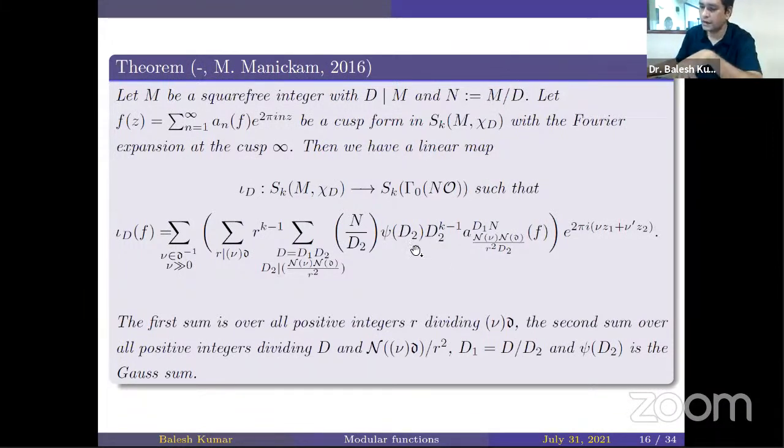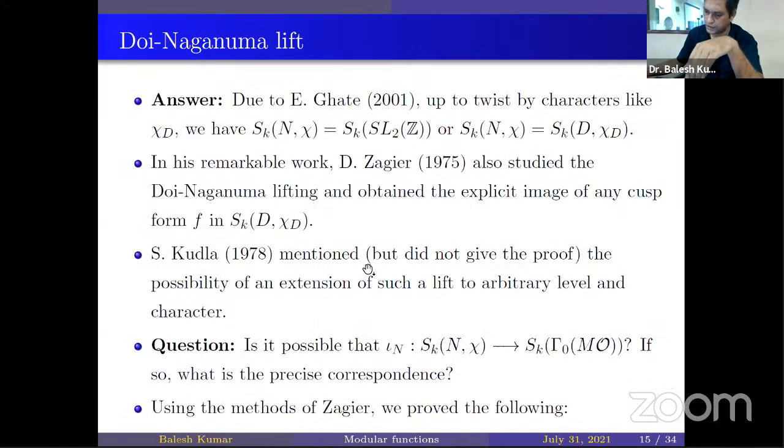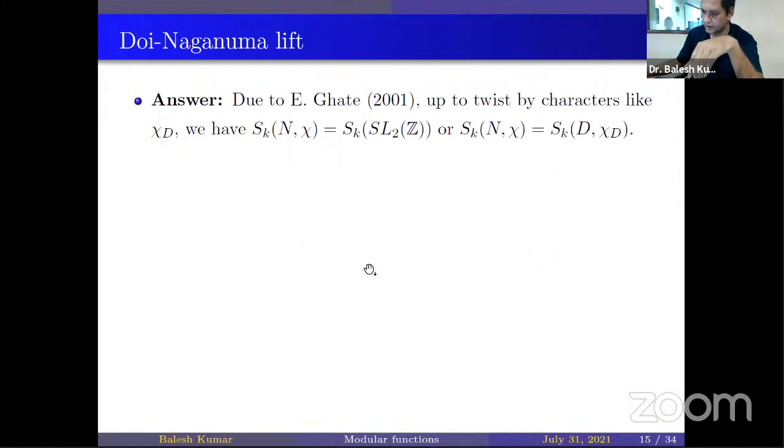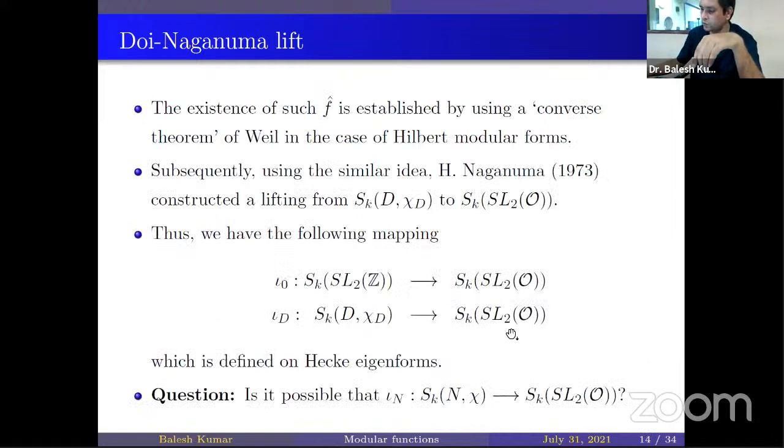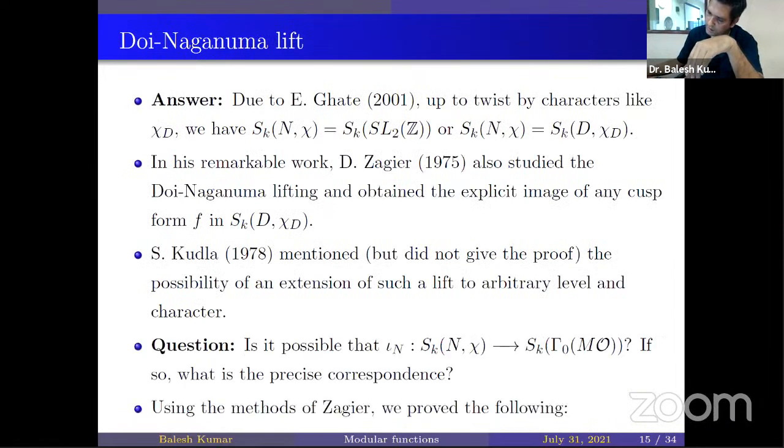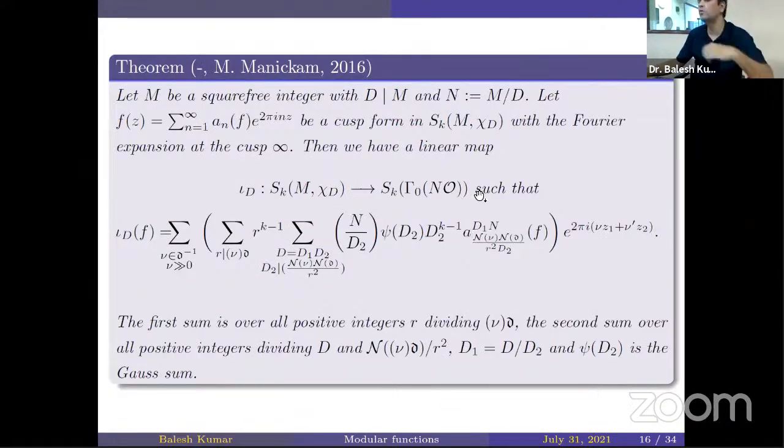And this fits the case where we have that level D goes to level 1. So corresponding to this, what we have proved is that if you take general level m with character chi_D, that will go to level m/D. And we have given the explicit lifting: if you take a general cusp form f, then this f hat is given in terms of a Fourier expansion, which is explicitly encoded in terms of the small f.